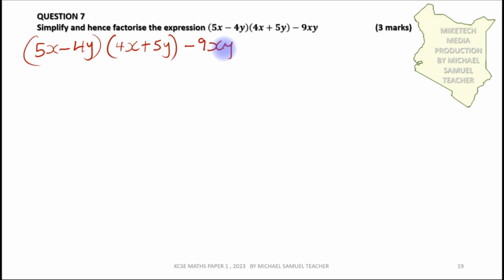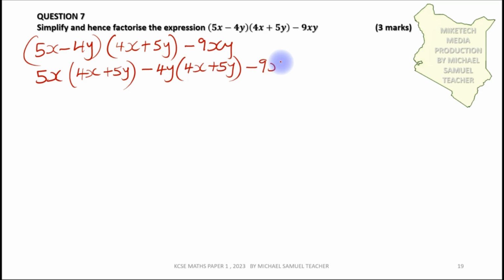So we need to expand by opening the brackets. So I have 5x multiplied by what is in the second bracket, which is (4x plus 5y), then minus 4y multiplied by (4x plus 5y), then minus 9xy.